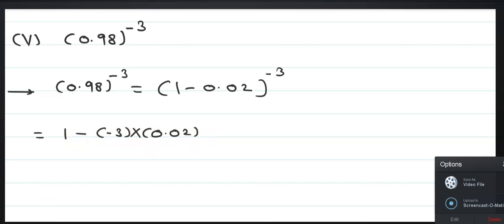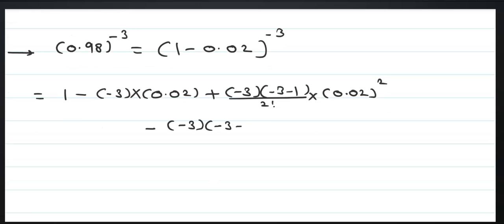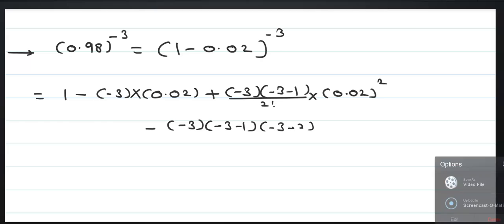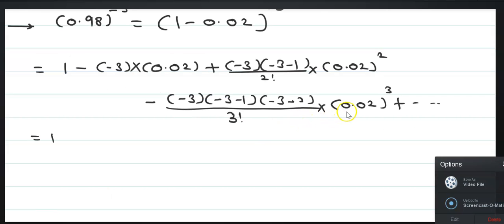Now next will be plus minus 3 minus 1 upon 2 factorial into 0.02 bracket square. Next is minus, in bracket minus 3 minus 1, minus 3 minus 2 upon 3 factorial into 0.02 bracket raised to 3.